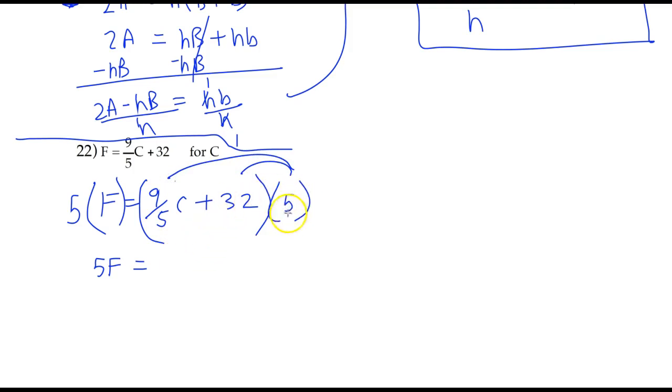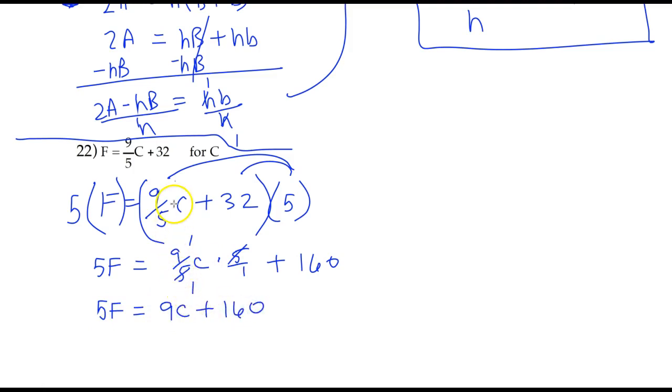So if we do that, and of course, 5 times 9 over 5, these 5s will reduce to 1, and all I'm going to have is 9c left. And of course, 5 times 32 is 160. So if we rewrite everything, this is 9c plus 160.